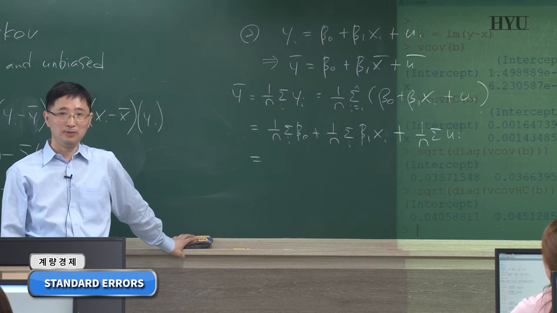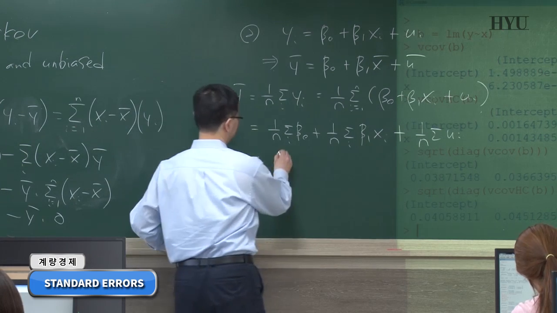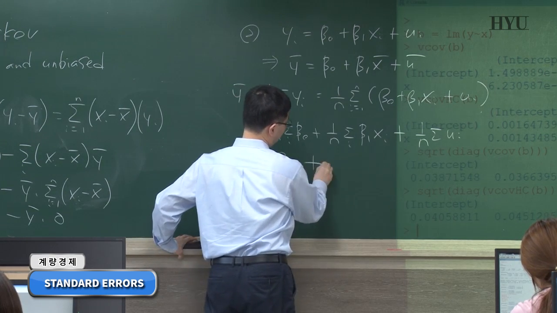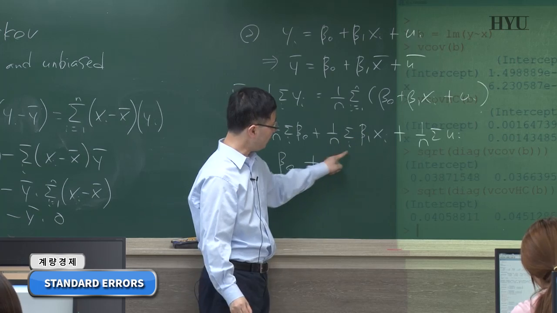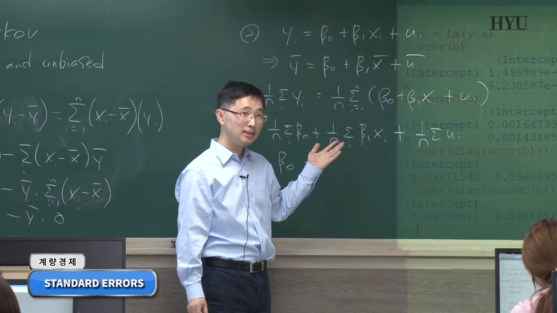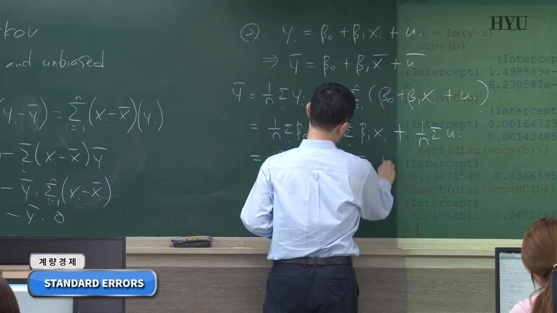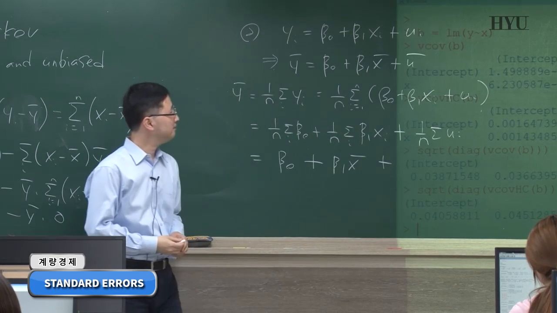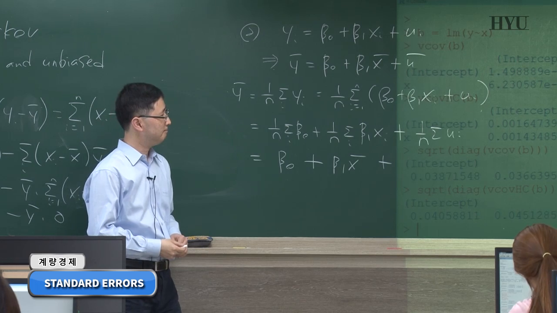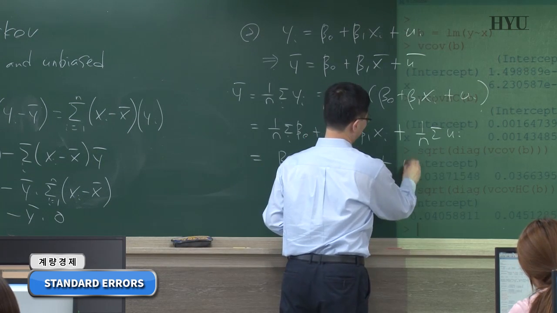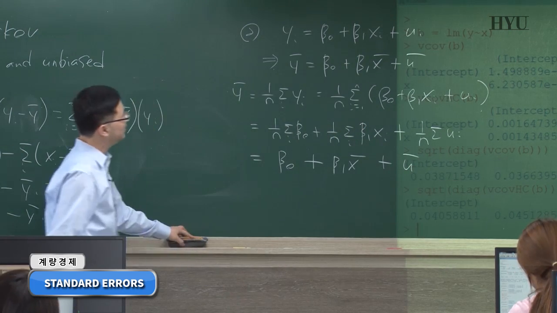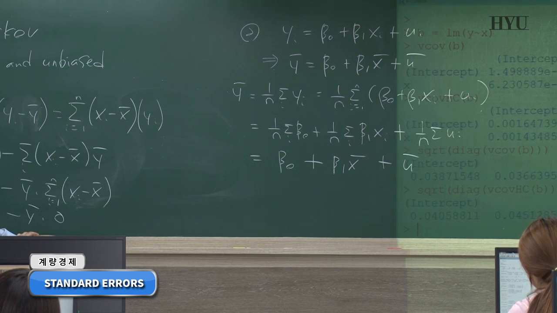Beta null is a constant, right? What is it? Beta null. Now we can take out beta 1 outside. What is left? X bar. And what is this? That's u bar, whatever that is. Okay? So this is true.